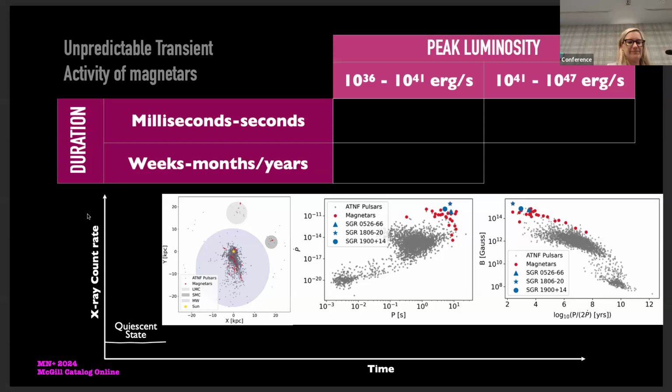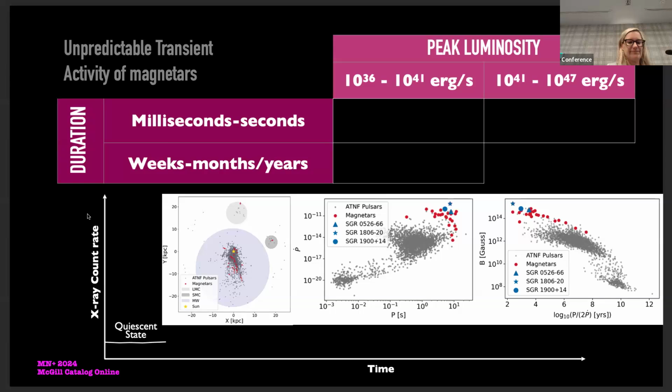If you look at the magnetic field, of course, I said it's extreme. The last plot on the right, on the x-axis, has this proxy of the age of a pulsar, and it tells you one important thing: magnetars are quite young, 10,000 years or so.